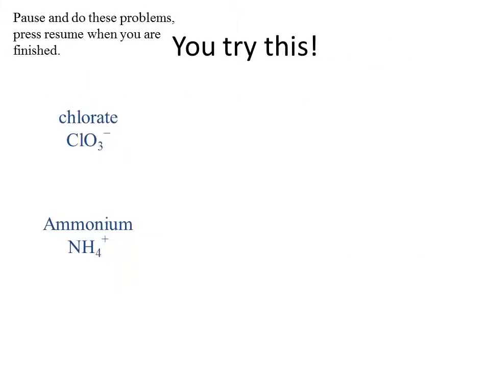So to do Lewis dot structures of polyatomic ions, what you need to do is count up the electrons in the valence shell of all of the atoms in the polyatomic ion, and then adjust the number of electrons based on the charge. So now what I'd like you to do is to do these 2 polyatomic ions, chlorate and ammonium, and so pause the lecture now and then resume it after you've completed these 2 problems.